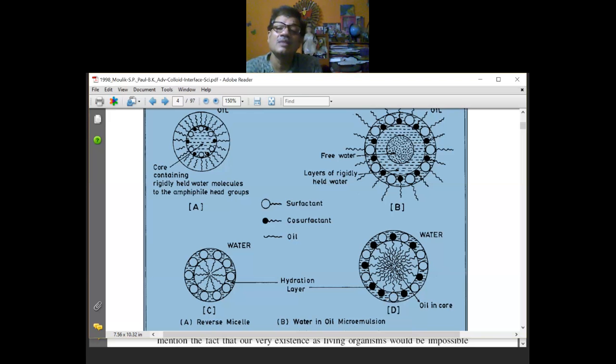On the other hand, take a reverse micelle, a completely dry one, and I slowly add water. What will happen when I first add water? First, water molecules will be required to solvate the surfactant or co-surfactant head groups. They will be the most rigidly bound solvent. This is the first layer; they will be most rigidly bound.